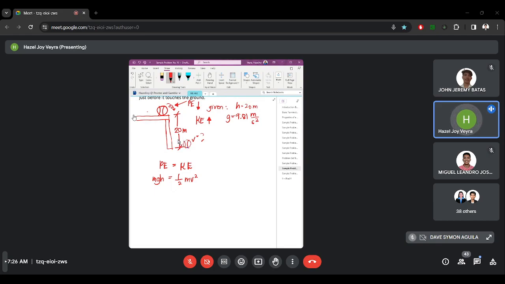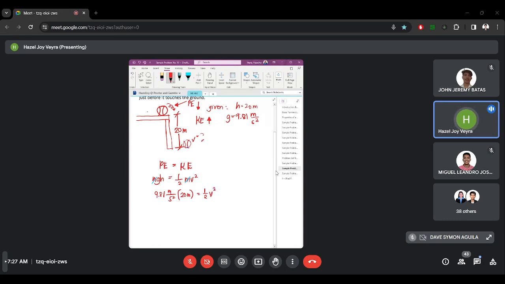So cancel na natin siya. Therefore, substitute lang tayo ng mga given. We have 9.81 meters per second squared times height natin is 20 meters equals 1 half v squared.